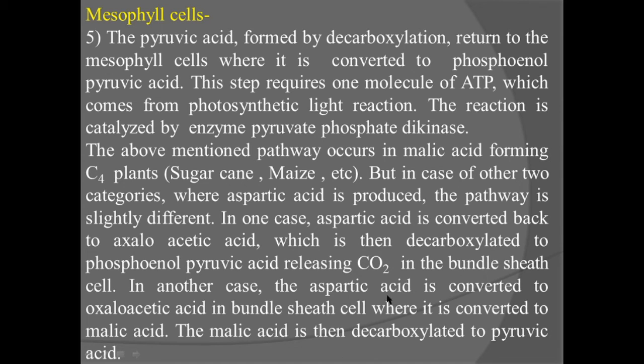In another case, the aspartic acid is converted to oxaloacetic acid in bundle sheath cell, where it is converted to malic acid. The malic acid is then decarboxylated to pyruvic acid.